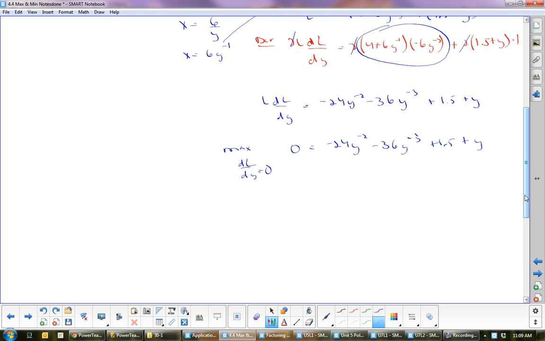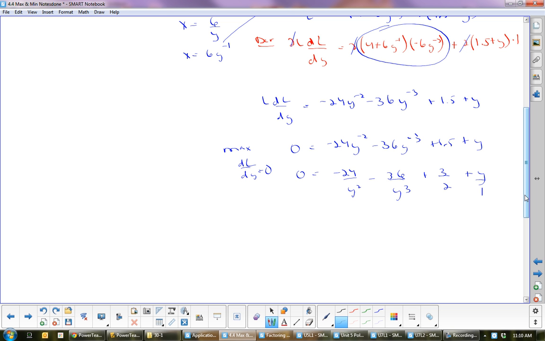When anything equals 0, there's always a really nice thing you can do. I'm going to rewrite this as negative 24 over y squared, minus 36 over y cubed, plus, I'm going to change this to a fraction, 3 over 2, plus y, and this is over 1.